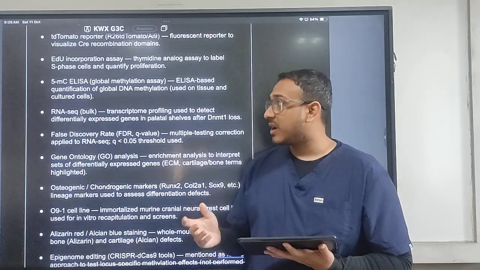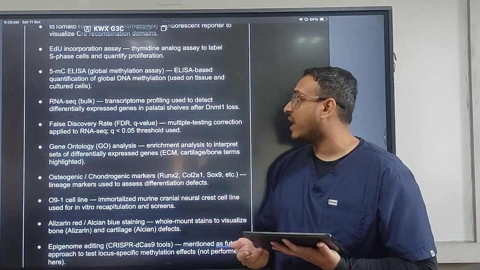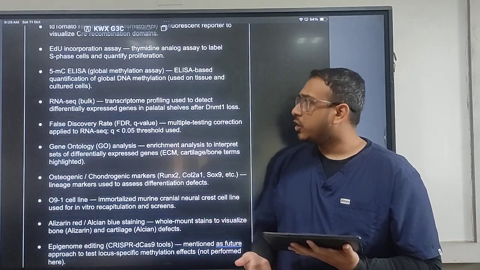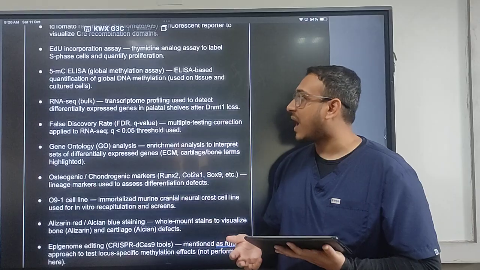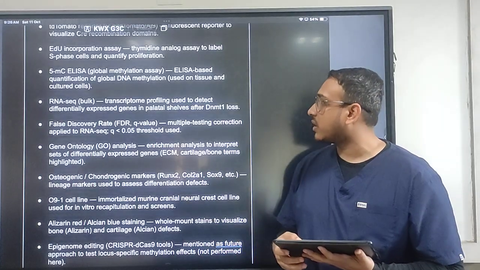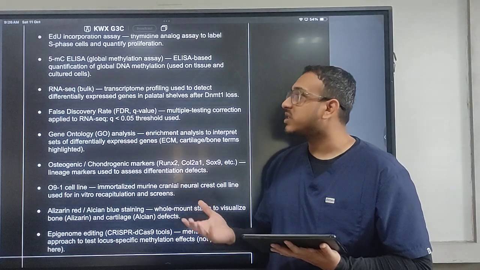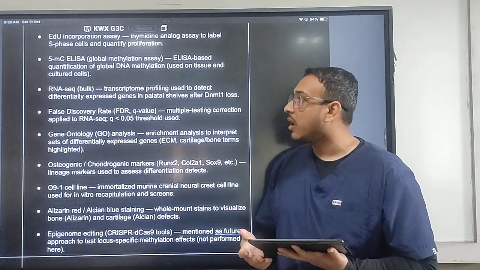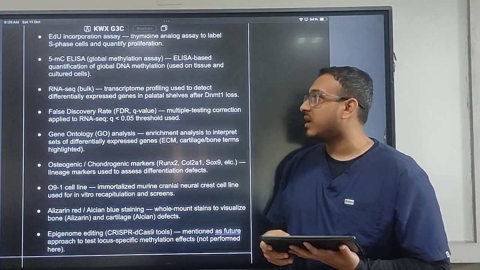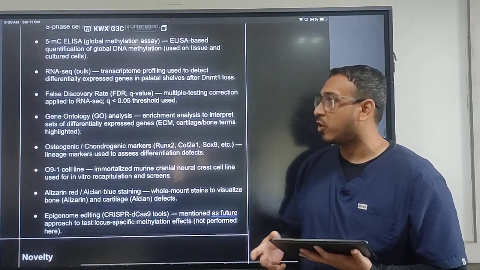cells. RNA sequencing is a transcriptomic profiling used to detect differentially expressed genes in palatal shelves after DNMT1 loss. The false discovery rate is a multiple testing correction applied to RNA sequencing; a Q value threshold of 0.05 was used.